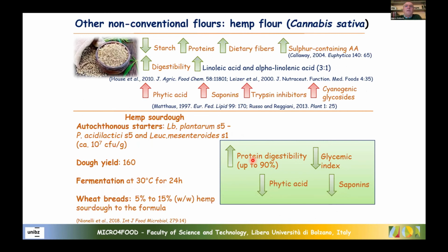And also for this flour, we got an increase of the digestibility of proteins, an increase of the dietary fibers, of specific amino acids, which in turn make the digestibility better, as well as an increase of unsaturated fatty acids, and a decrease, also in this case, of anti-nutritional factors which are present also in hemp flour.